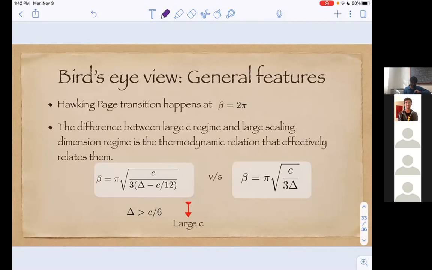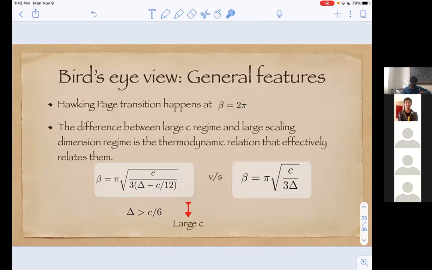And then another comment is that the Hawking-Page transition happens at β = 2π, as we all know. But then this has two different effects in terms of the microcanonical ensemble, and that comes from the thermodynamic relation of how β is related to Δ. So in the normal Cardy-like analysis, β is related to π√(c/3Δ), whereas here β is related to c over this quantity, which is Δ − c/12.